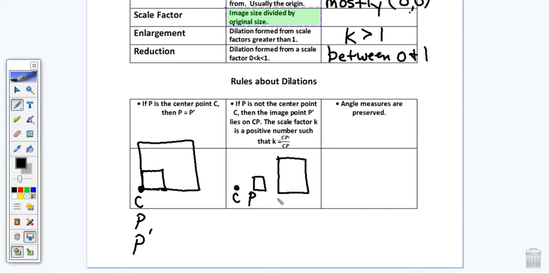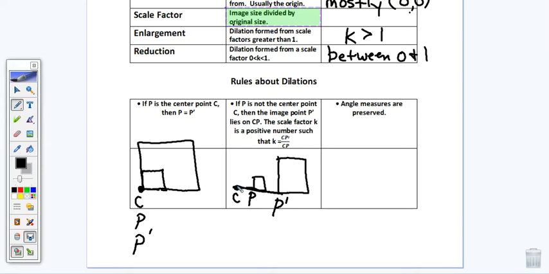P prime. So if P is not on the center point C, and I draw a line from P prime to P, that line would go through which point? C. Suppose P is not on the center, then P prime would be on this line right here like that.